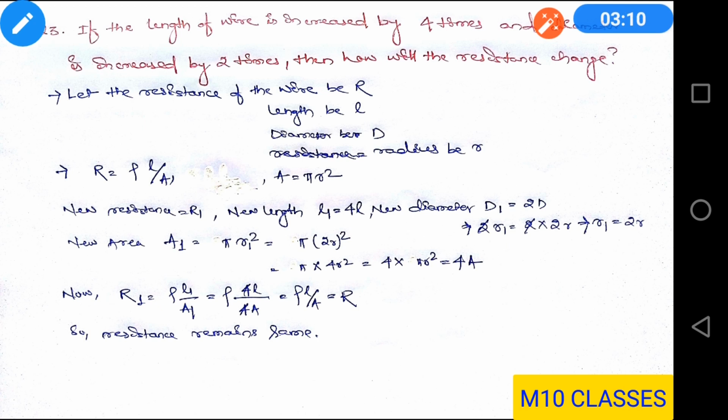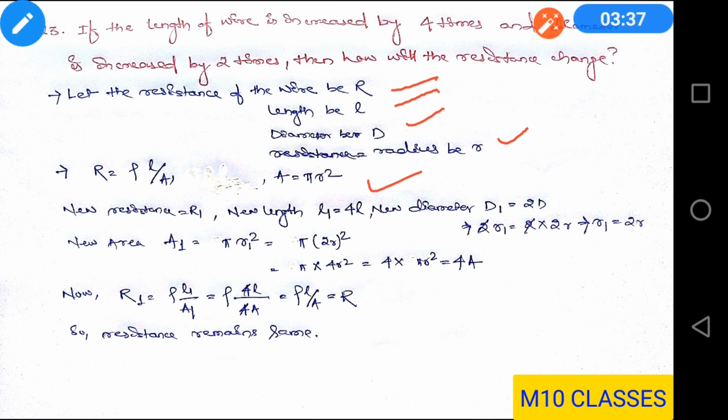For that wire, let's say the resistance is R, length is L, diameter is D, and the radius is r. The relation is resistance R equals rho L by A. Here A means area of cross section, whose value is pi r square, because the area of cross section of a wire is nothing but a circle. So it is pi r square, and that is why you get the resistance.